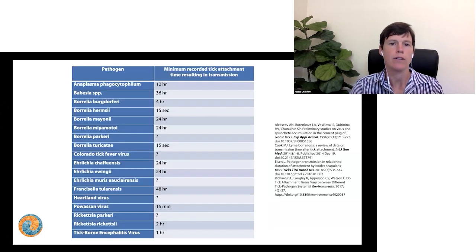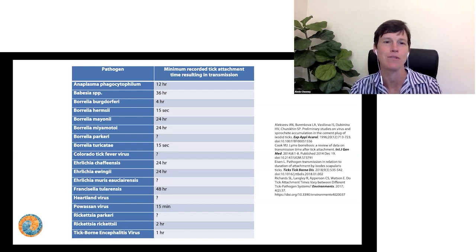Anyway, we'll move on here to this chart, and you can see the minimum recorded tick attachment time resulting in transmission of pathogens from a tick to a human. So we've got Borrelia. I know it's all the Latin names. So we've got Borrelia burgdorferi, which is the cause of Lyme disease.